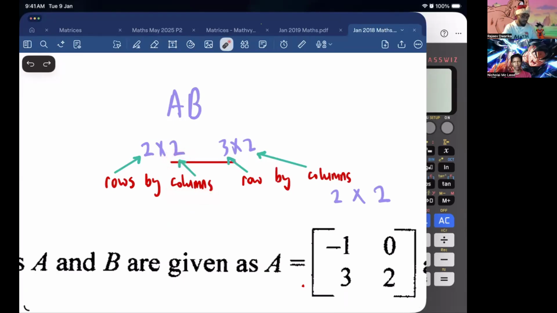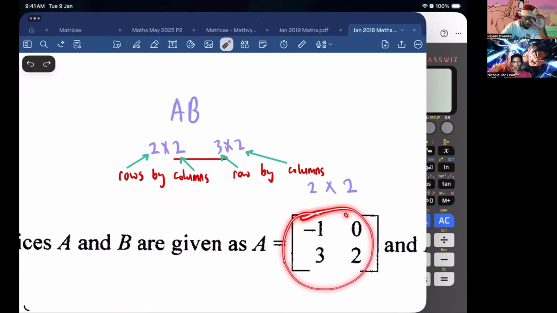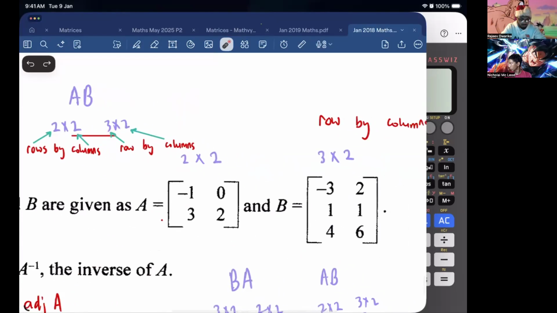Do you understand that this 2 represents the number of columns in the first matrix? Yes, sir. And this 3 represents the what in the second matrix? Watch this again. How did we get 3 by 2 for this matrix? What did 3 represent? 3 represented the number of what?